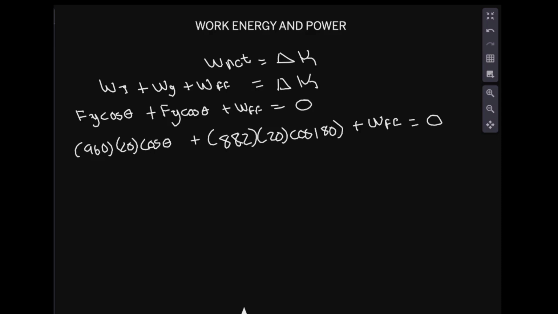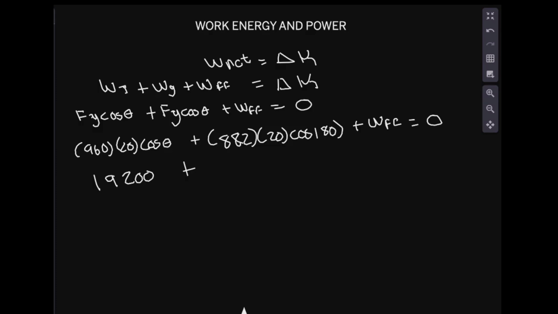So now we calculate that 960 times 20 times cos of 0 is equal to 19,200.